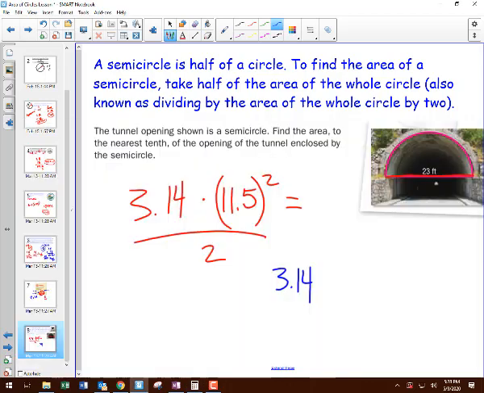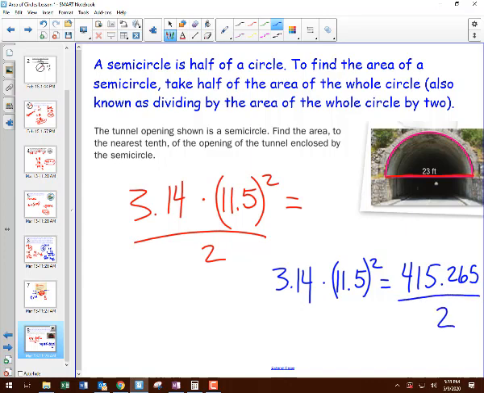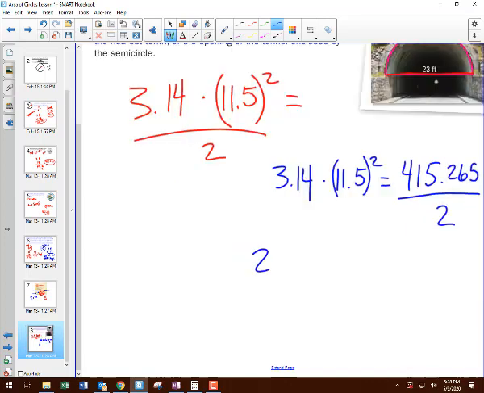Okay. All right, and here we're still needing to divide by 2, divide our area by 2, and our final answer we should get comes out to 207 and some decimals here.